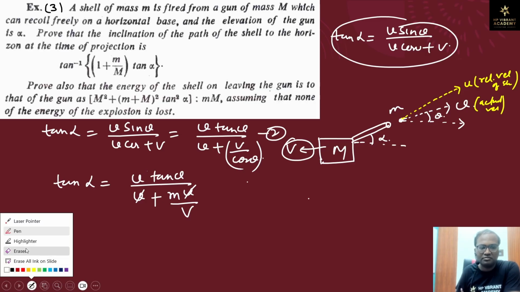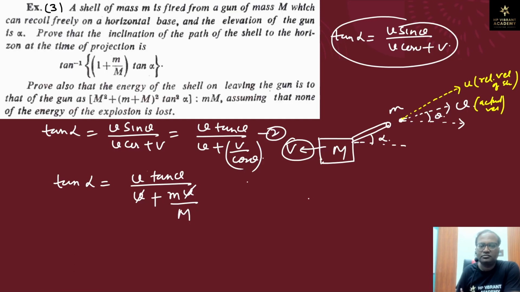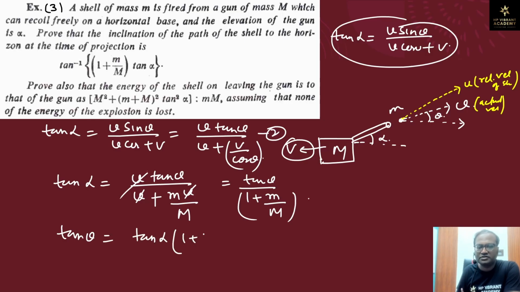So we have tan theta upon 1 plus small m upon capital M. So we have tan theta is equal to tan alpha into 1 plus small m upon capital M.